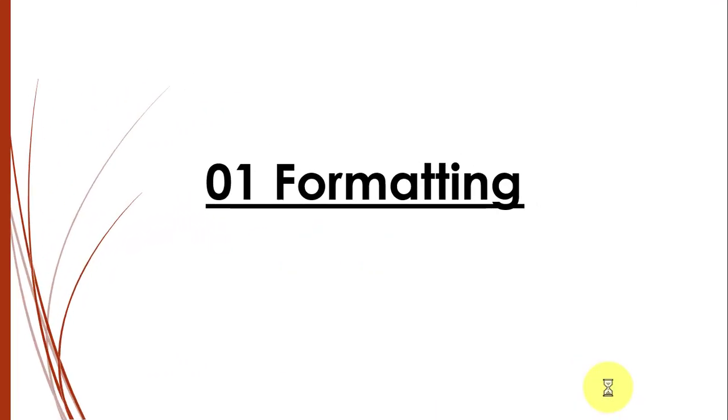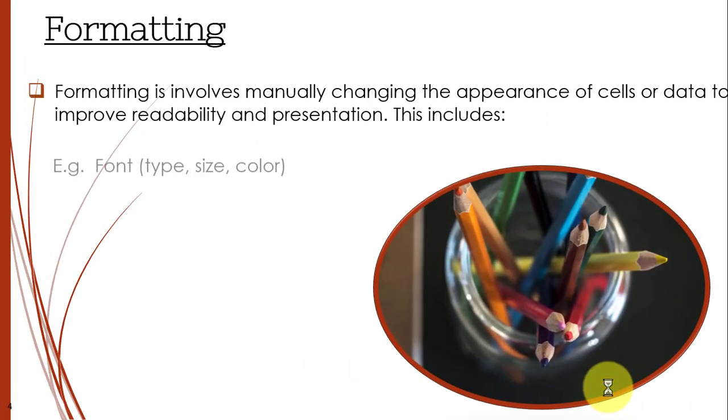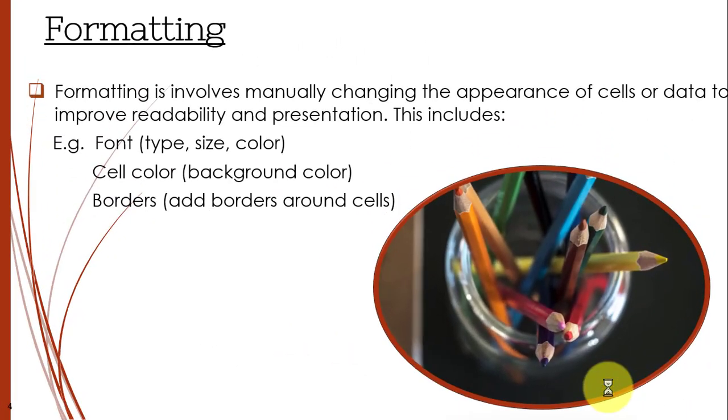The first part we are going to discuss is what formatting is. Formatting means if you want to manually change the appearance of the cells or data, it's called formatting.